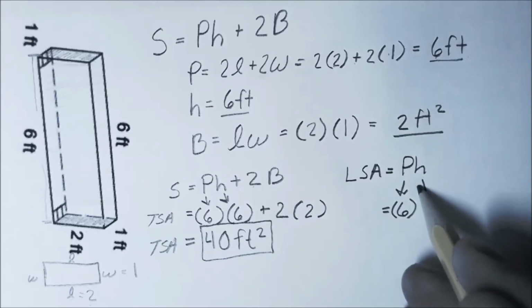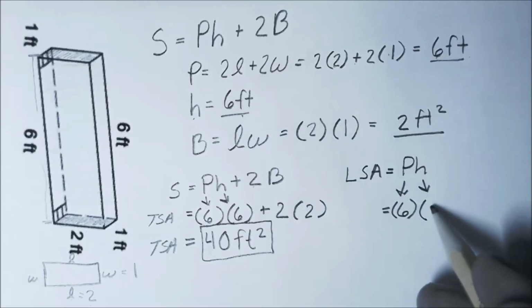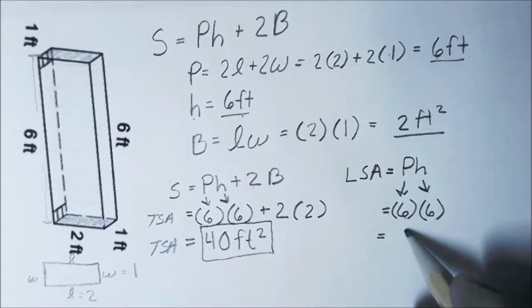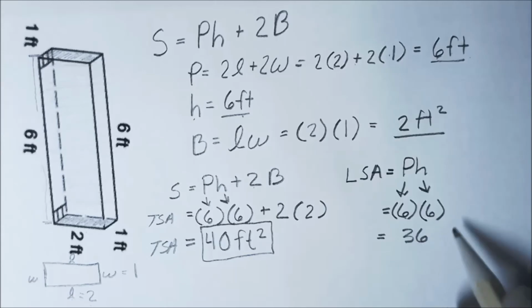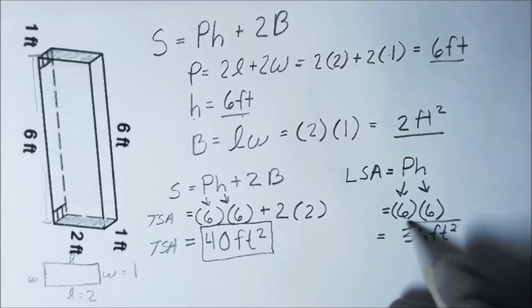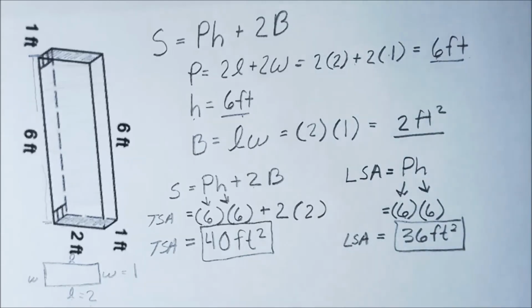And then for our H, I'm going to put in another 6, which is our height. And 6 times 6 gives me 36. So it's 36 feet squared. And that would be our lateral surface area. So there it is.